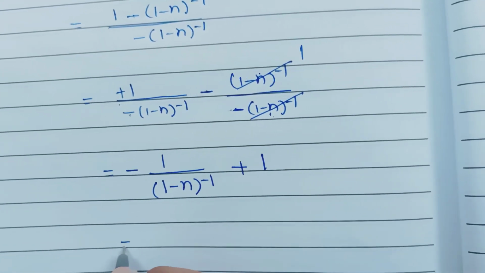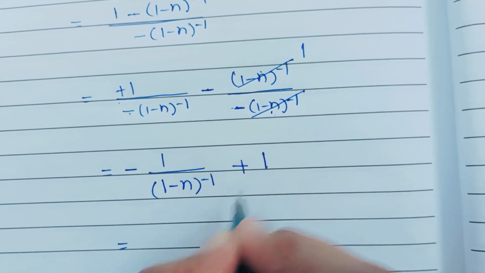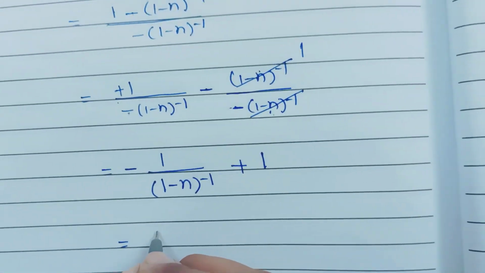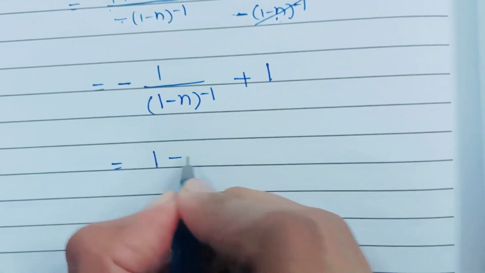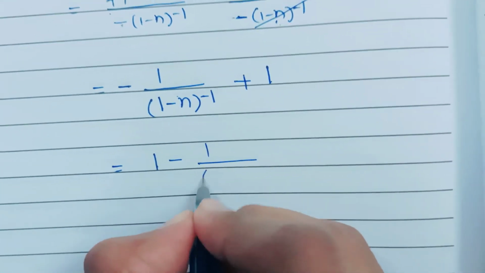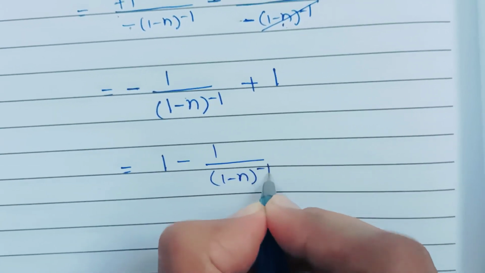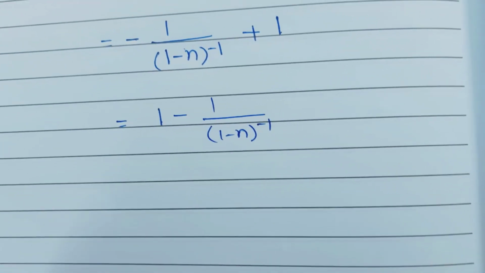So after this we will write this one with plus sign as the first term, and then the minus sign, and this term 1 minus n raised to power minus 1.